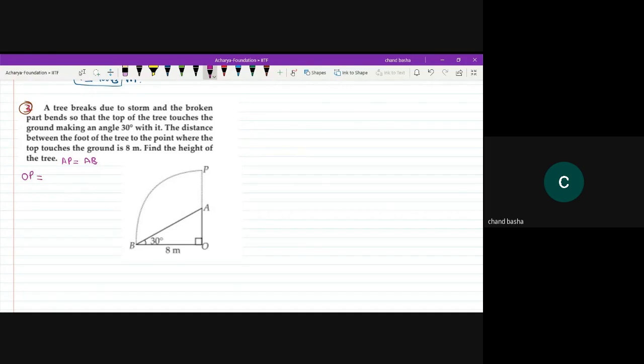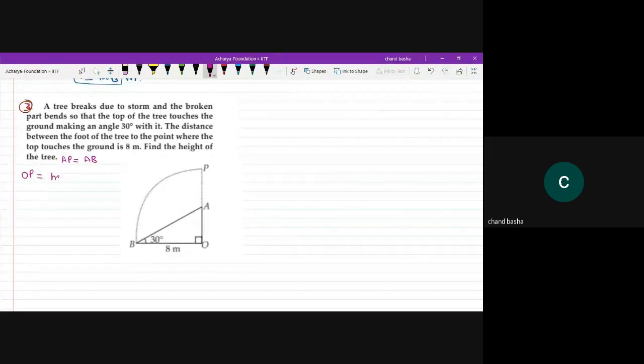OP is equal to the height of the tree. This is what we require. It is OA plus AP.